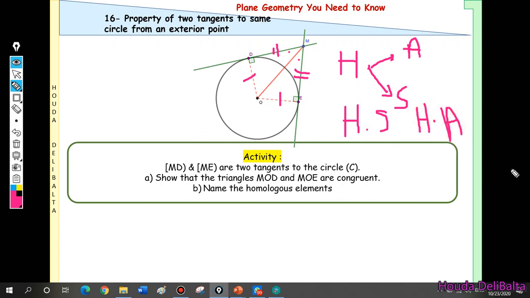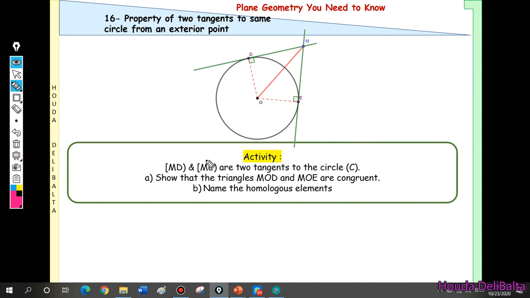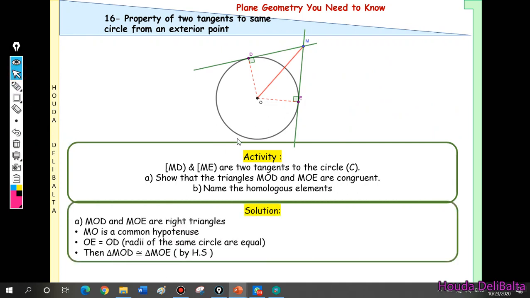And now let's apply that idea in these triangles. First of all, we have to say that these triangles are right. We have to mention that. MO is a common hypotenuse.